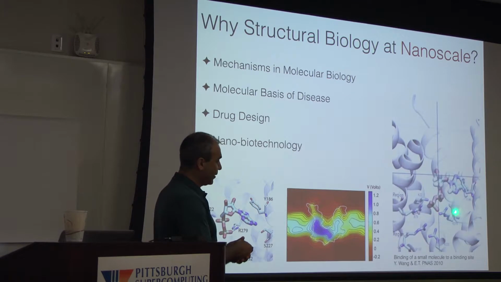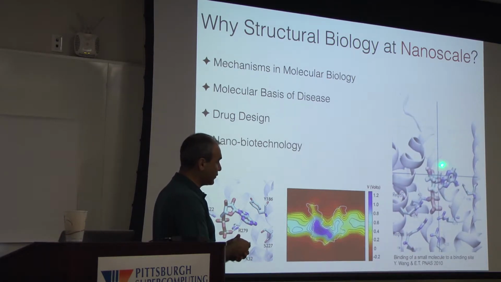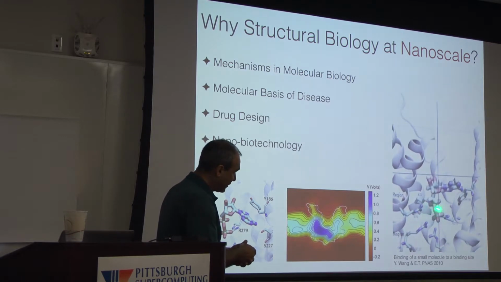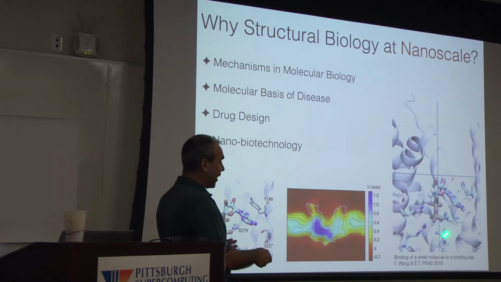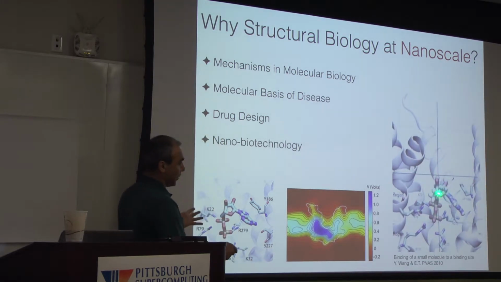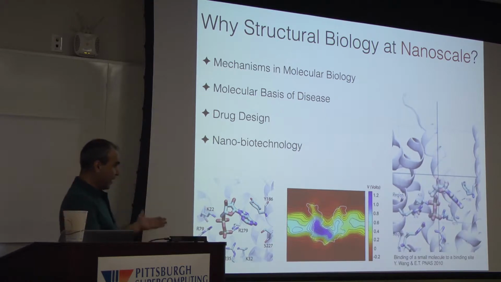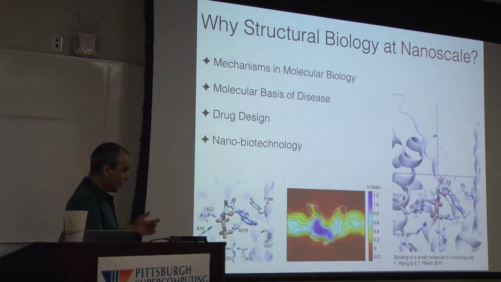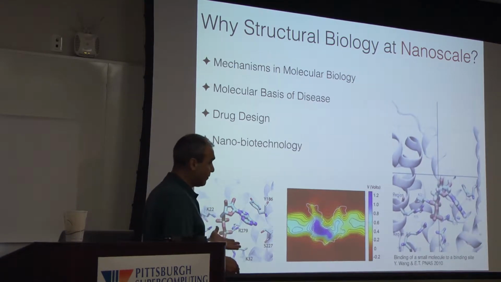So you see it's trying to bind, it attempts, but it's not successful. It goes back and tries again. At the same time, the phosphate groups go deep enough to rearrange all these basic side chains, and now you complete the binding. Then you can explain why these residues are important for binding, and why mutation of these residues affects the function of the protein.